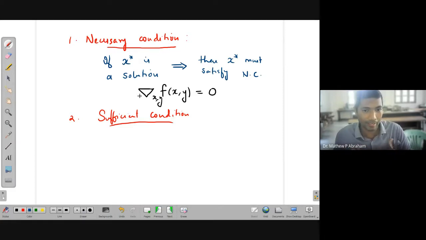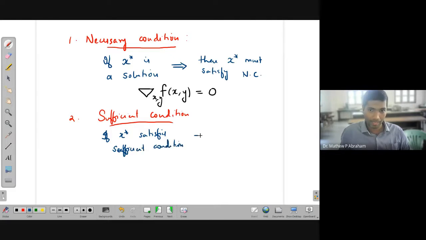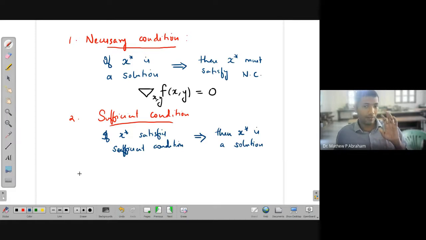Similarly, the sufficient condition says that if x star satisfies the sufficient condition, then x star is a solution.